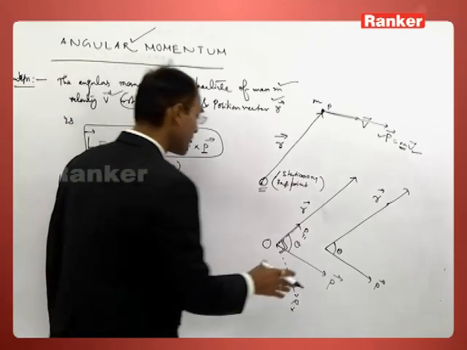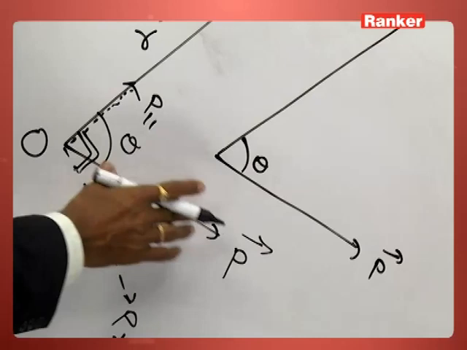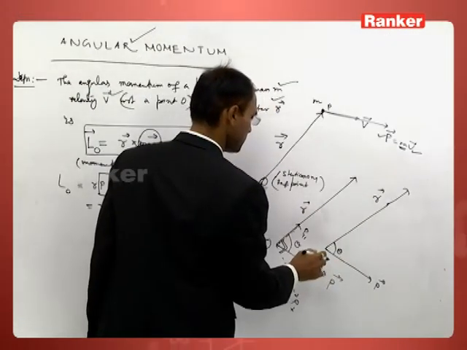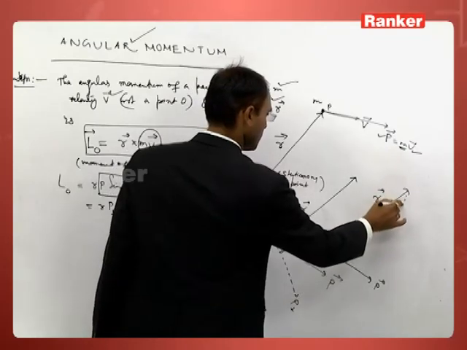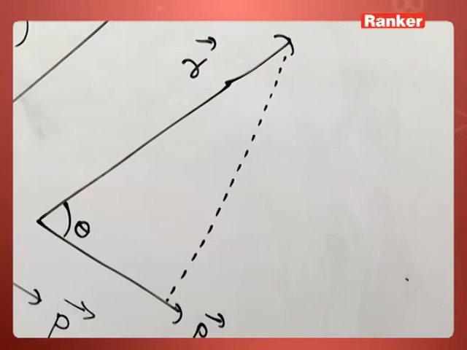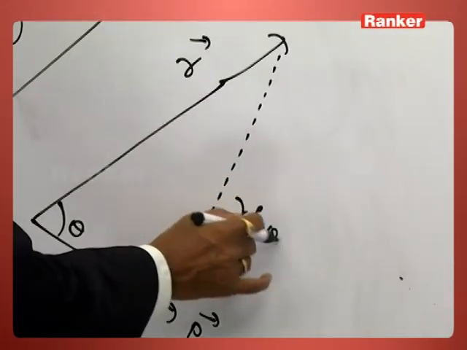Instead of taking the component of the linear momentum, here you should take the component of the r vector perpendicular to the momentum vector, that is r sin theta.